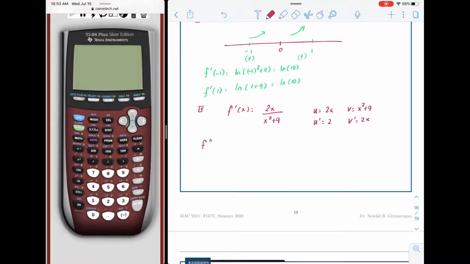So f double prime of x is v u prime minus u v prime, divided by x squared plus 9 squared, which is v squared. So 2x squared plus 18 minus 4x squared, divided by x squared plus 9 squared.